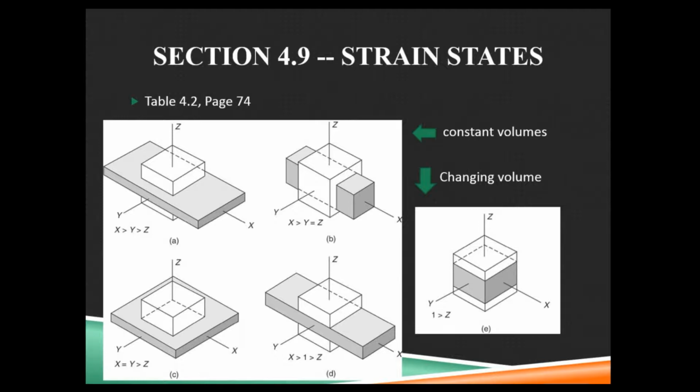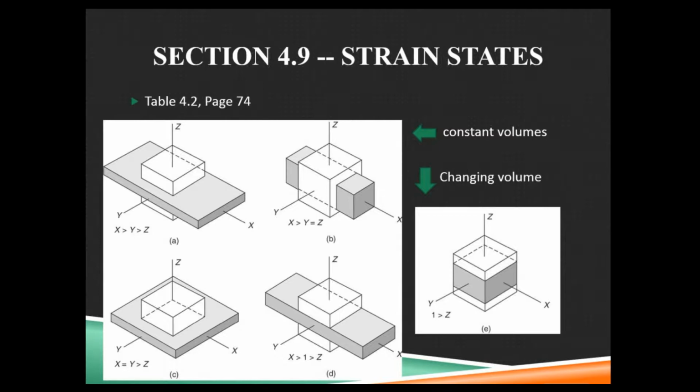The first one, the elongation in the X direction, is the greatest, because that's where it's now longest. Elongation in Y direction was second largest, because it's still positive, but it's less than X direction. And elongation in Z is the smallest, it's negative.